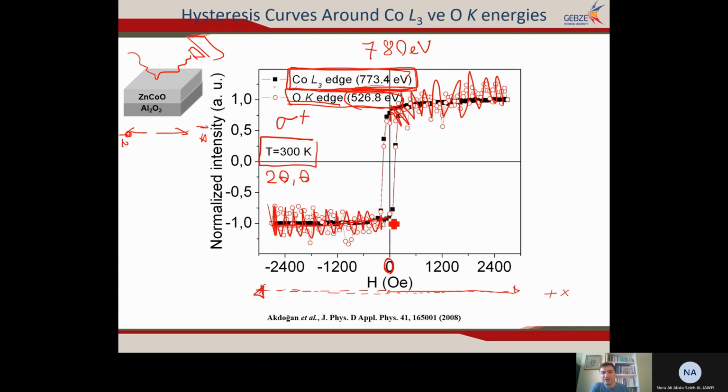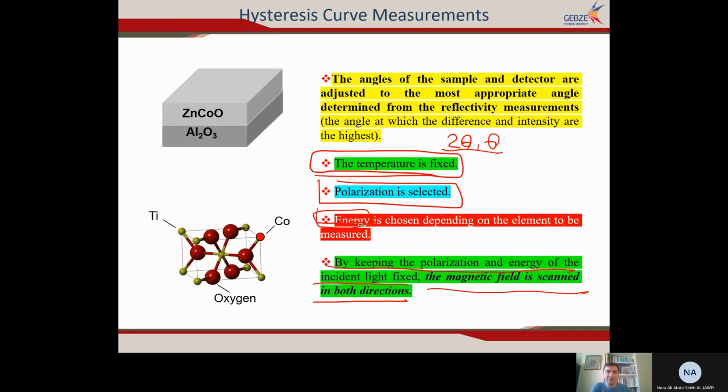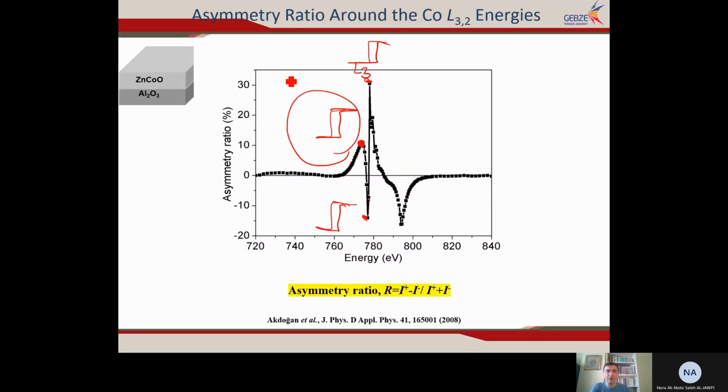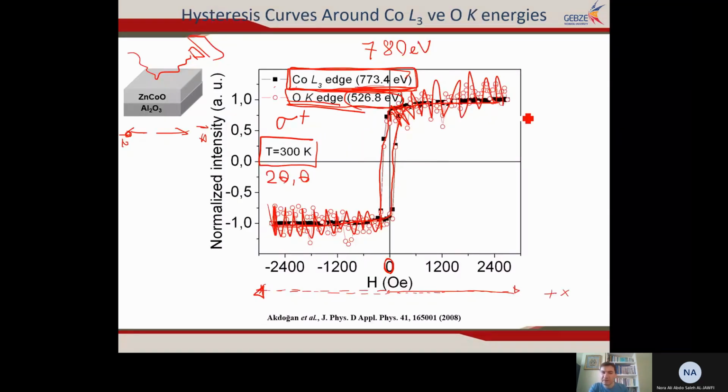But what you see here is that the general behavior of the hysteresis curve is exactly the same as the hysteresis curve taken for the cobalt. So they are identical. Only the signal from the oxygen K is weak and noisy, because the magnetic signal from the oxygen is 0.6%, and the signal from the cobalt is around 30%. So this noisy behavior from the oxygen can be understood.